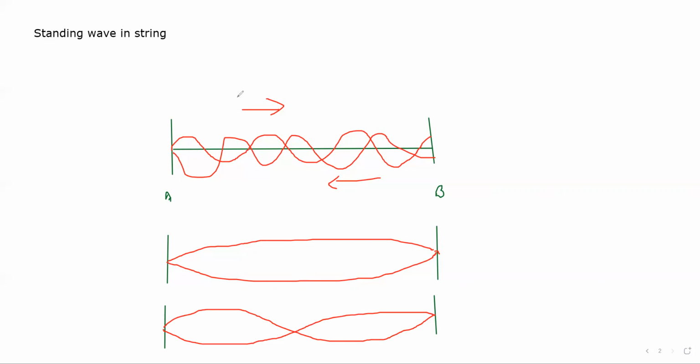So why is there a standing wave? Again, to produce a standing wave, there should be two waves traveling in opposite direction. They will result in a standing wave. The region where the particles cancel out each other will have a node, and where they increase the effect of each other, we call that an antinode. Same thing, this will be node, node, node, and antinode.